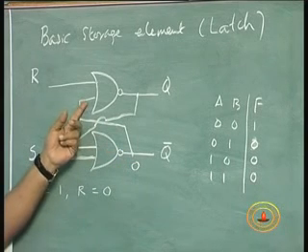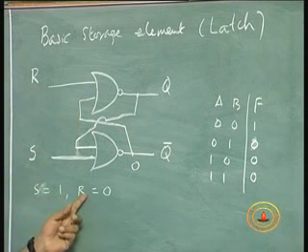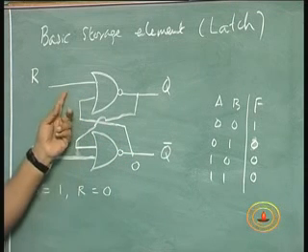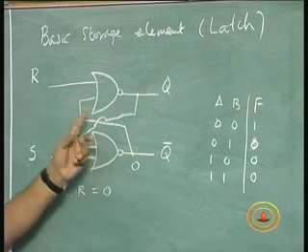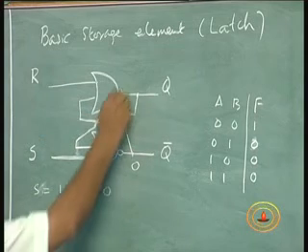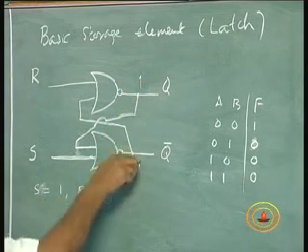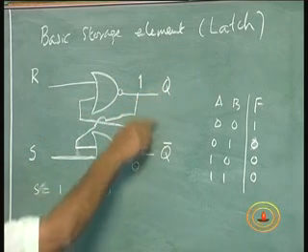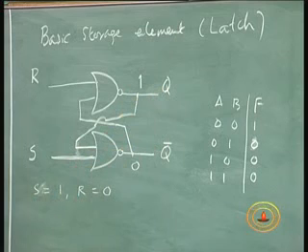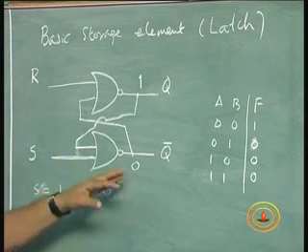This gate will then have an input of 0 from here, and since I made R equal to 0, this input is 0, so the output is 1. Q is 1 and Q bar is 0. As we are already seeing, Q and Q bar are complementary. So when you make S equal to 1 and R equal to 0, Q becomes 1 and Q bar becomes 0.